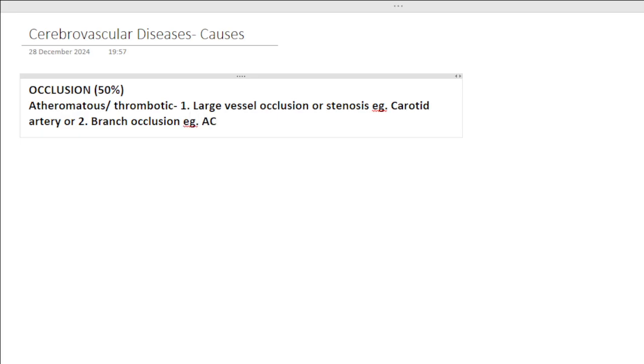Anterior cerebral artery occlusion. Very nice. Or I'll go one step further, perforating vessel occlusion.